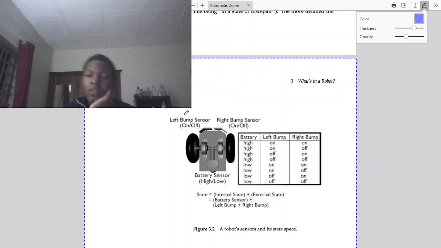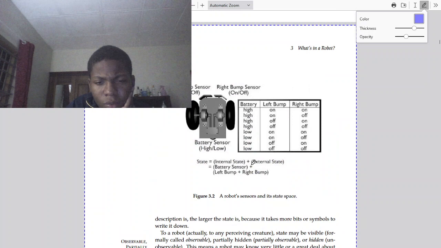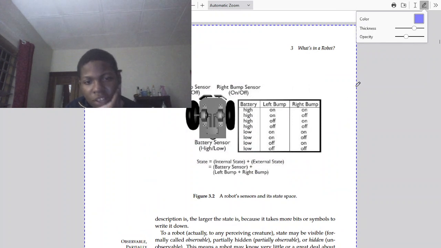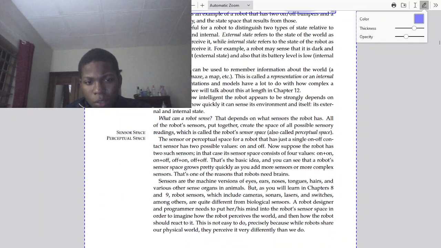I'm confused about how state is represented. Do you just say state like high, on, off, or state like a word, or state like a data set, like actual data, ones and zeros? I'm not exactly sure. Let me continue reading.